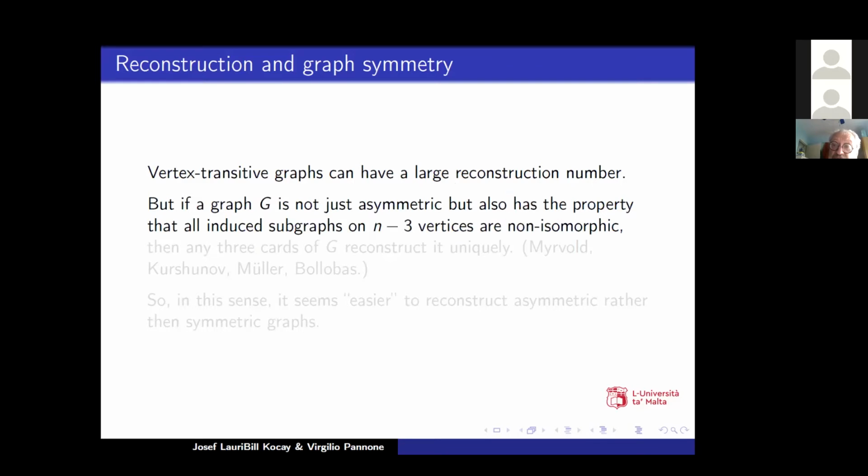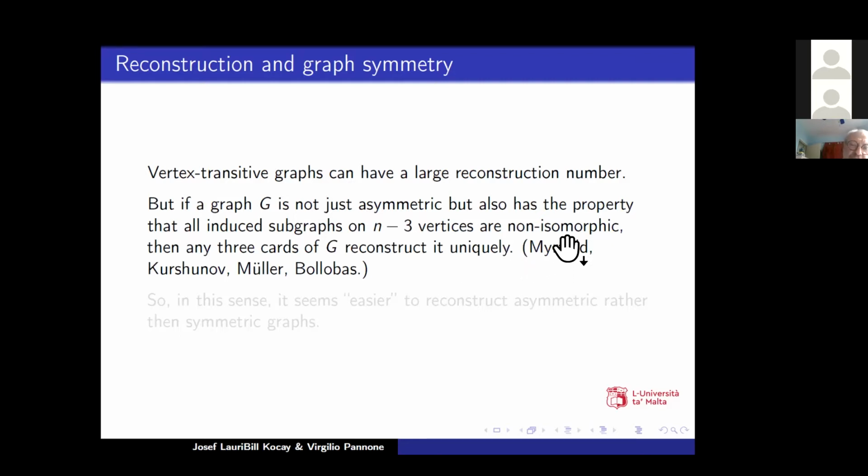But if a graph is not just asymmetric, that is, has a trivial automorphism group, but also has the property that all induced subgraphs on n minus 3 vertices, where n is the number of vertices of G, are non-isomorphic, then one can show that any 3 cards of G reconstruct it uniquely. Not just that there exist 3 cards which reconstruct G uniquely, but even more: give me any 3 cards, and G will be reconstructed.